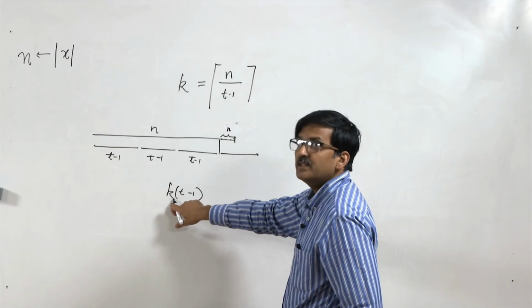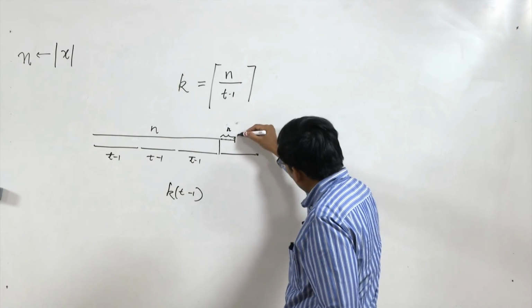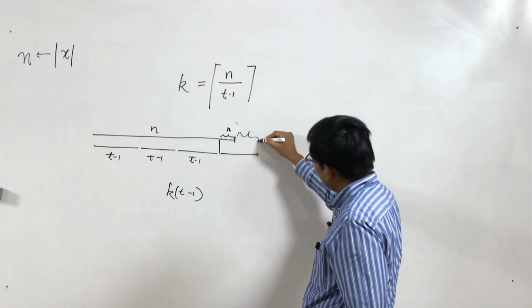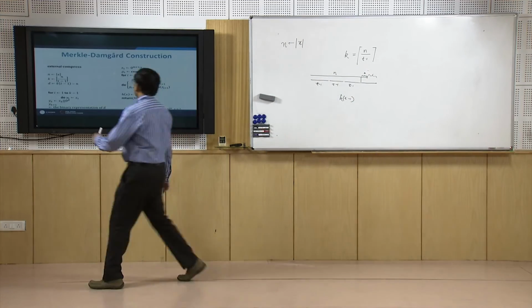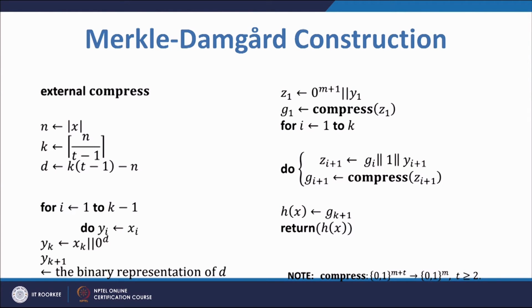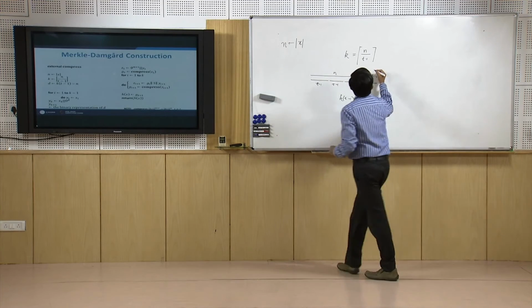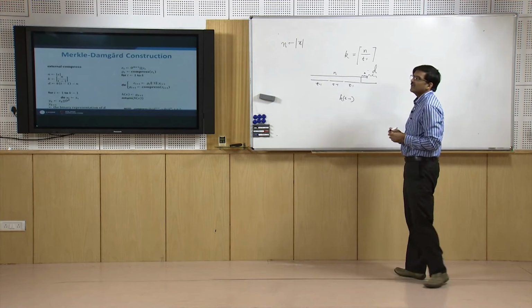You can check that with small numbers, and I am interested in this portion, and that is what we compute over here, k into t minus 1 minus n. If I do this, I will get this portion, and that is what I call d.